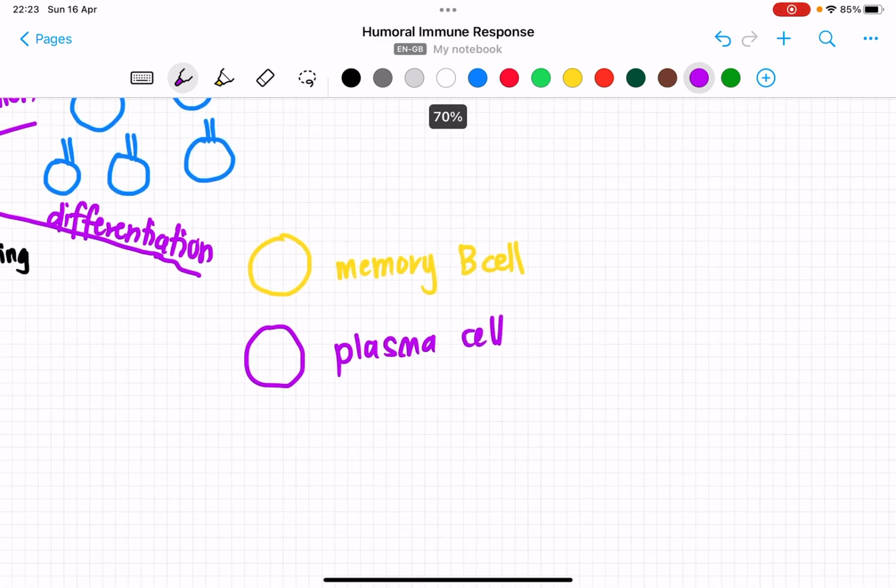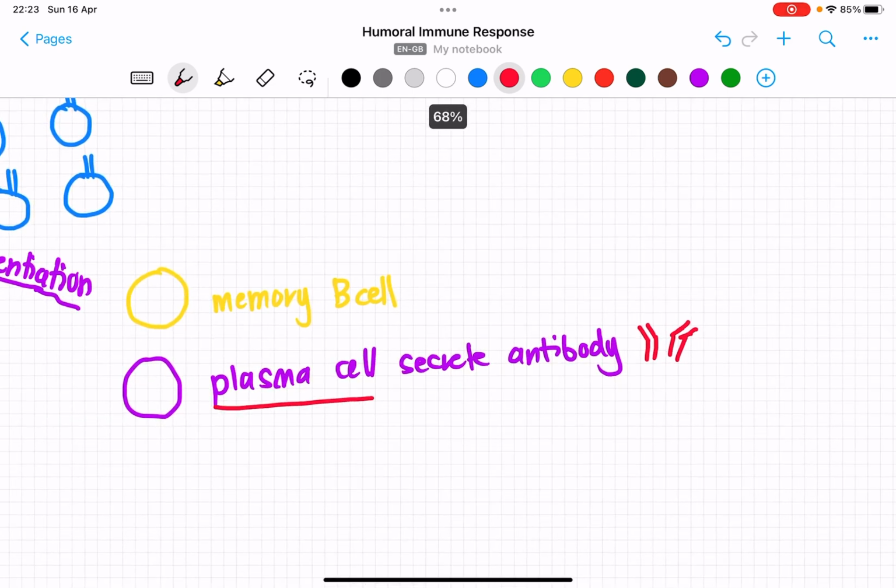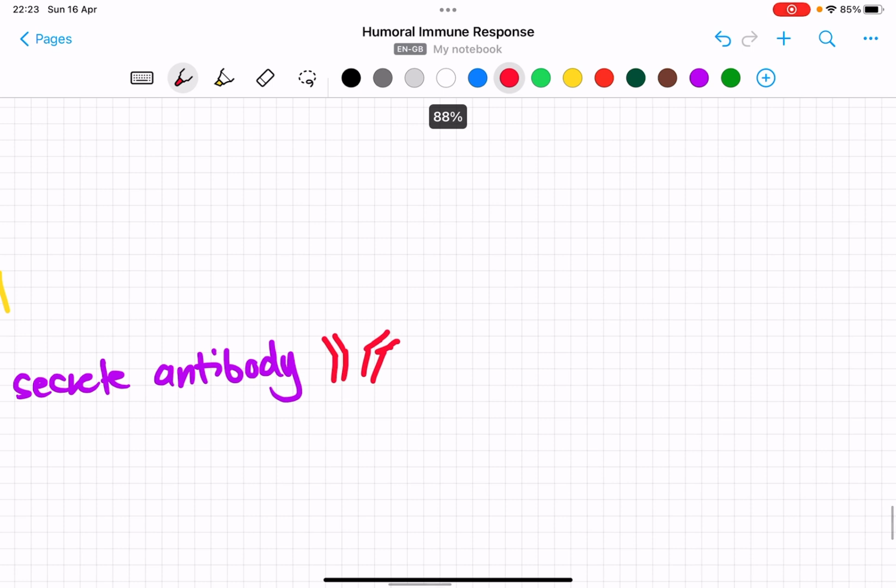Later, plasma cell will secrete the antibody that looks like this. So many antibodies will be secreted by plasma cell, and the antibody interacts with antigen to neutralize.